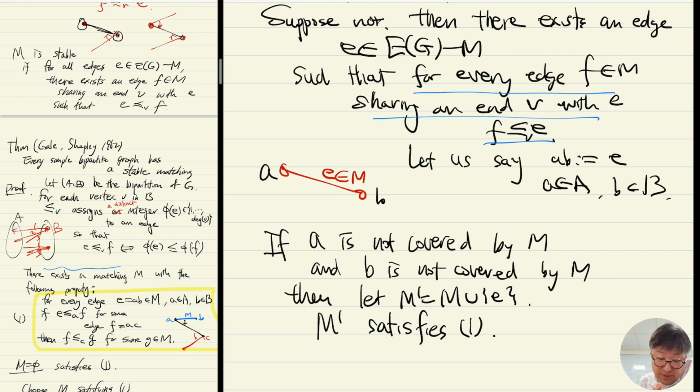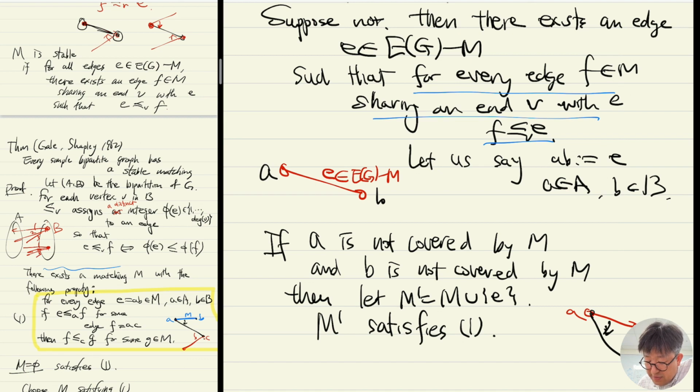Hopefully it would be good if it satisfies, but actually not quite, because... okay, what's going on? Oh, this edge is not in M, right? So I was confused. Yeah, this edge is not in M. So if this is the case, what happens if I have a better edge?